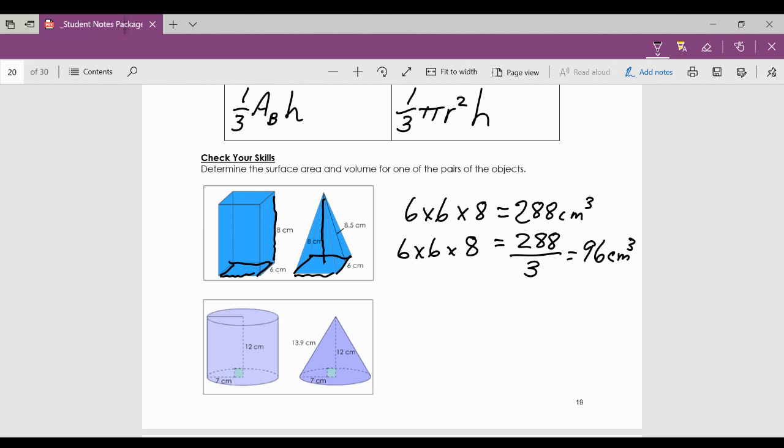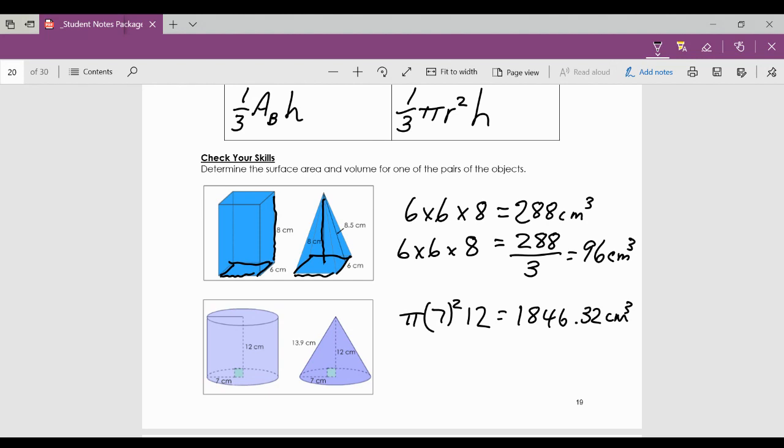Well, let's look at this cylinder and cone. Notice they both have the same dimensions for the radius and the height. To find the volume of a cylinder, it's pi r squared h. The radius is 7, squared, times the height, which is 12. When you multiply all that out, you get 1,846.32 centimeters cubed.